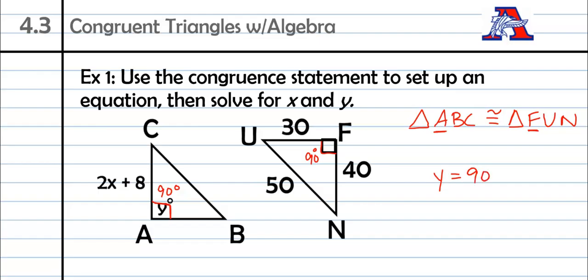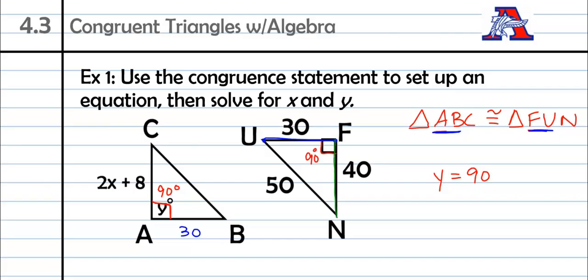Okay, now I think it makes sense to fill in where 30, 40, and 50 go. So we have from F to U is 30. Since FU are the first two letters and AB are the first two letters, then AB and FU have to be congruent. They have to have the same length. Okay. Then I'm going to go to the next one.